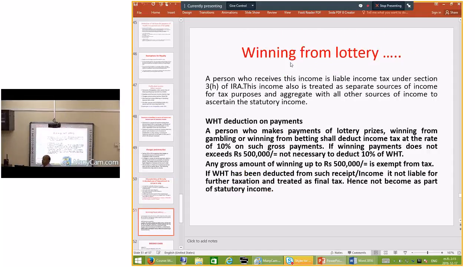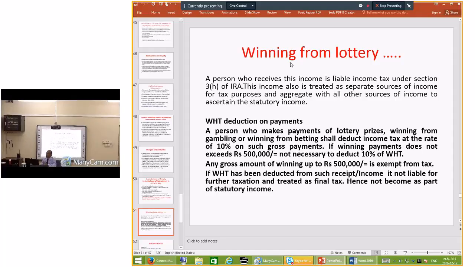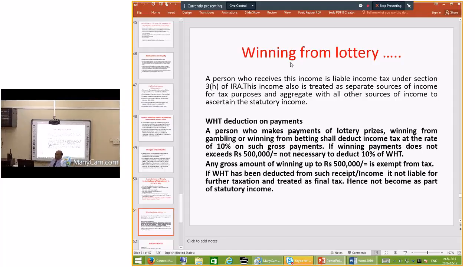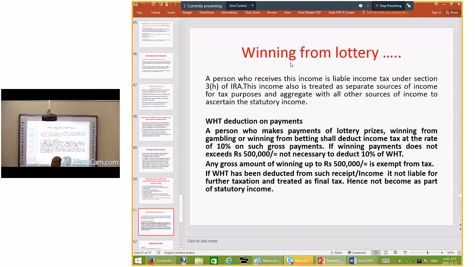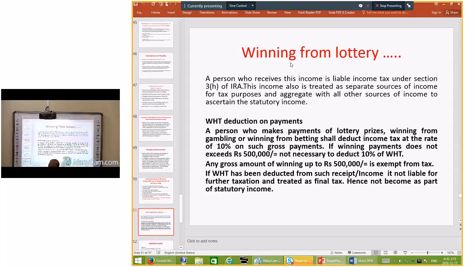Winning from lotteries: before this section was introduced in the Inland Revenue Act, if someone bought a sweep ticket and won, it was not regularly recurring. Very rarely do people win a sweep ticket. That type of income we normally call casual and non-recurring income.